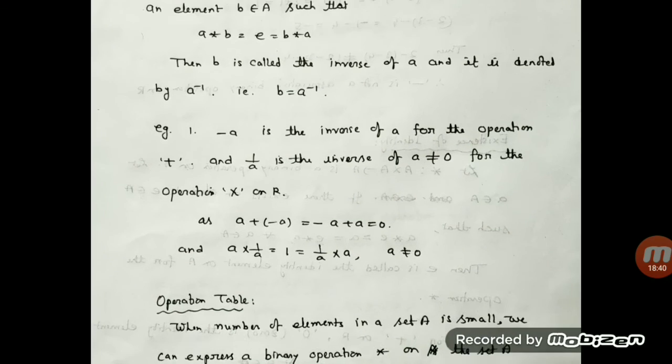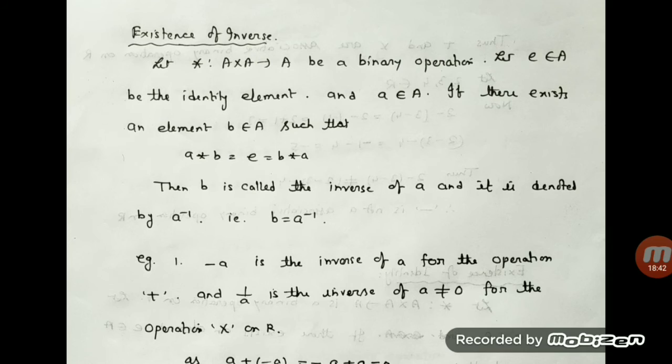Your next topic is existence of inverse. That means whether the inverse element exists or not. So again, as earlier, we are taking a binary operation on the set A. Suppose the identity element e exists. If the identity element exists, then only we go for inverse.